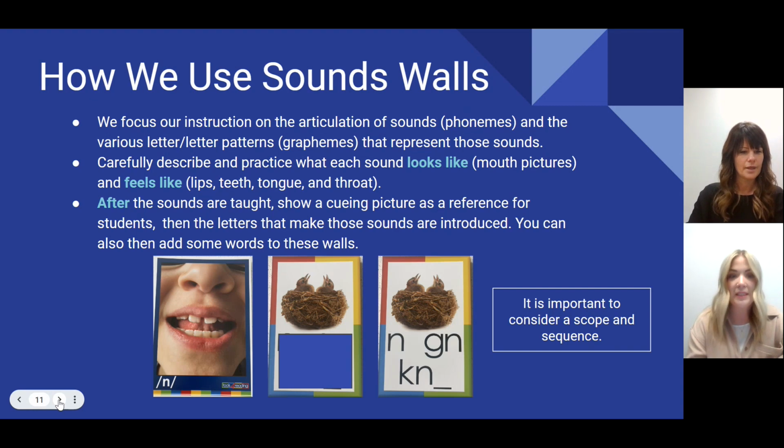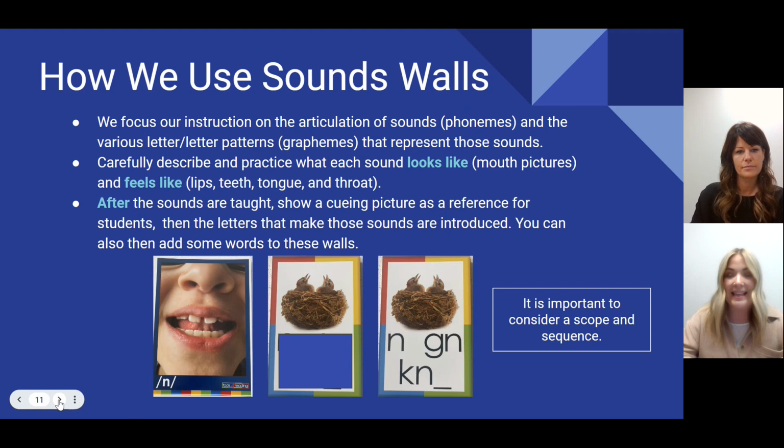So when we talk about using a sound wall, we need to focus our instruction on the articulation of the sound, the phoneme, and then the various letter or letter pairs that represent those sounds. So in your instruction, you want to carefully describe and practice what each sound looks like and feels like. So these are great parts of a sound wall.